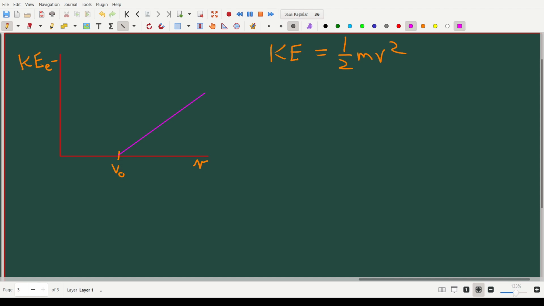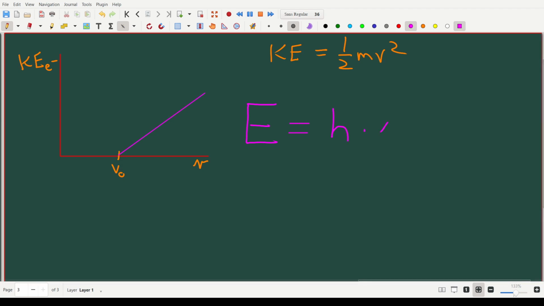Well, that tells you exactly the relationship, the function between frequency and energy. It's linear. All right, so what does that mean? It says that the energy of the electron is equal to some proportionality constant, the slope of the line, h, times the frequency.